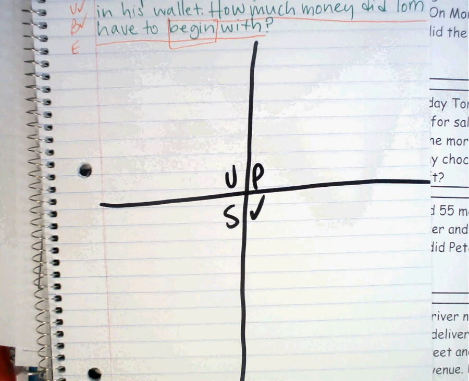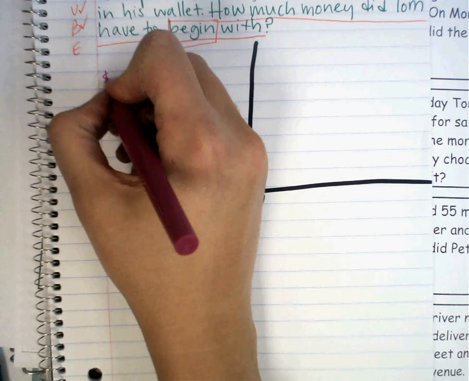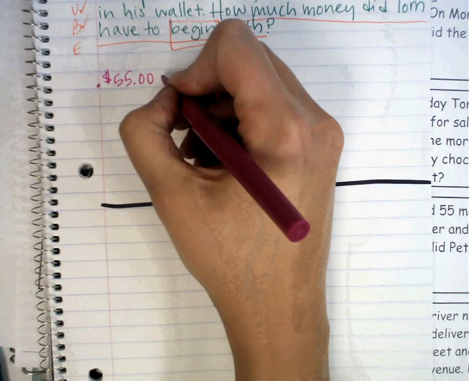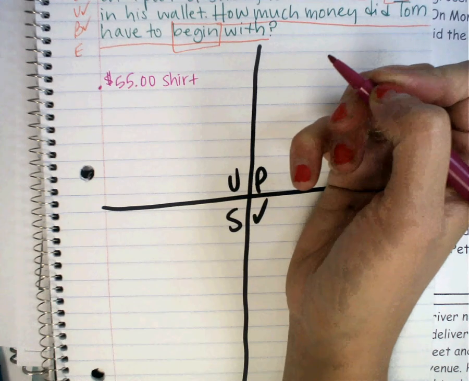UPS check. Okay. So what's something important that I need to write down from this problem so far? Well, I know that he spent $55 on a shirt, right? Do my bullet points. $55 for a shirt. I know that he spent, sorry, let me move that down.